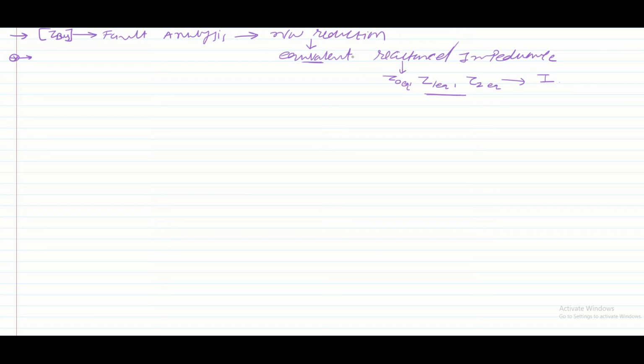But for a system where n number of buses are present, this technique is not feasible, or we can say we need some systematic process for the calculation of fault analysis. And that's why we are going to study this chapter, fault analysis using the Z-bus matrix.